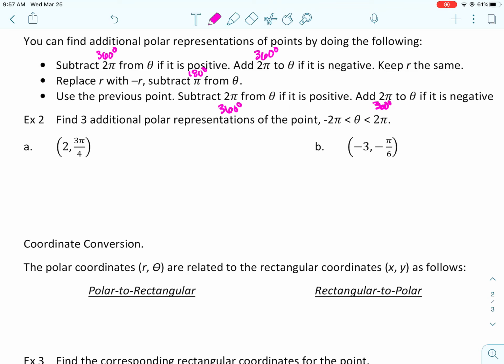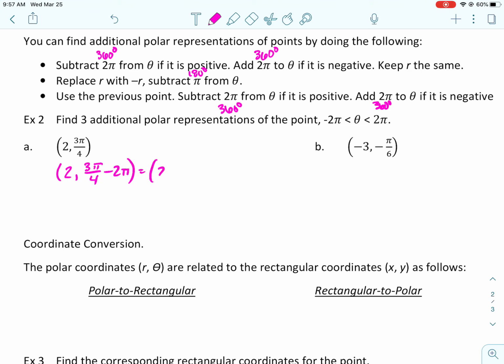All right, so let's go through a couple of examples of these. We're going to find 3 additional polar coordinates, and we're going to use radians, but just know it works the same in degrees. So the first thing it tells us to do to find another one is keep r the same, and then subtract 2 pi from theta if it's positive, and add 2 pi to theta if it's negative.